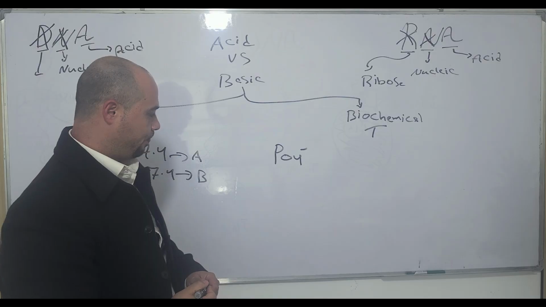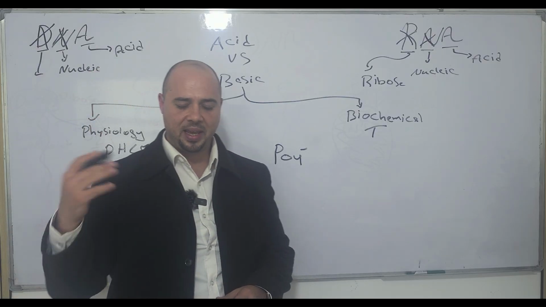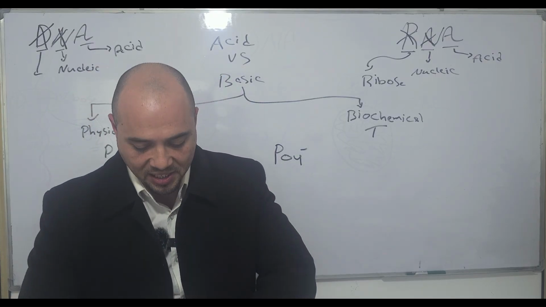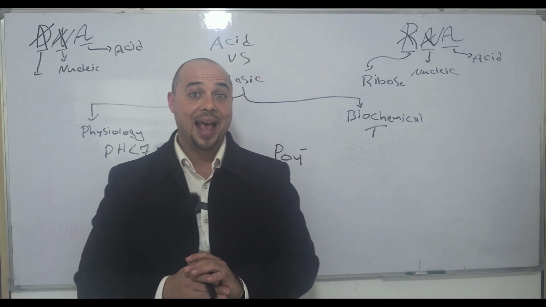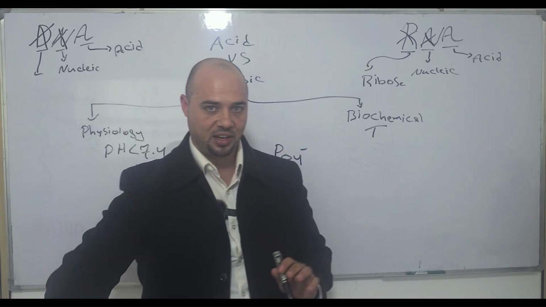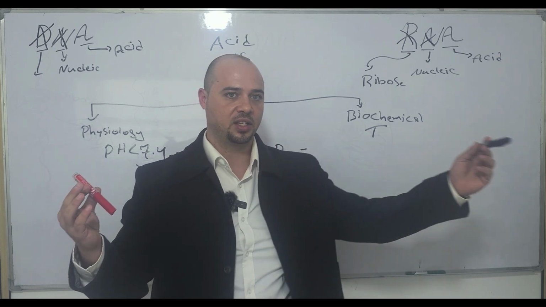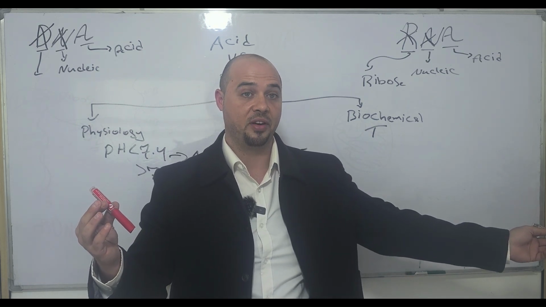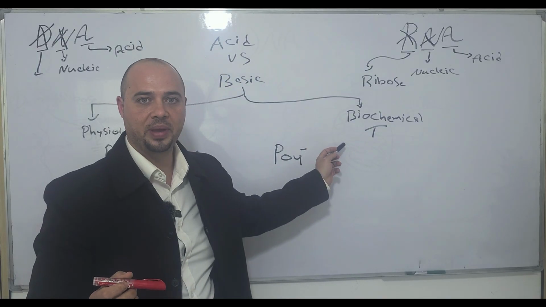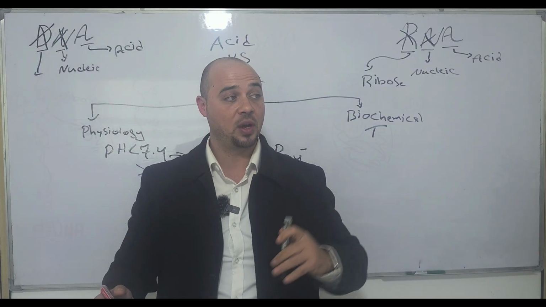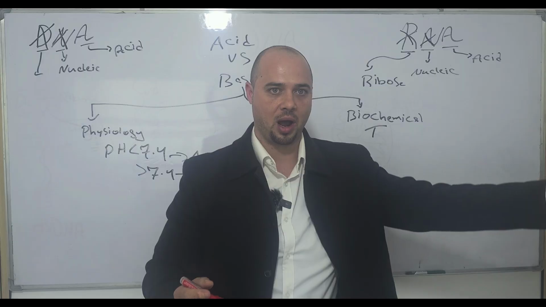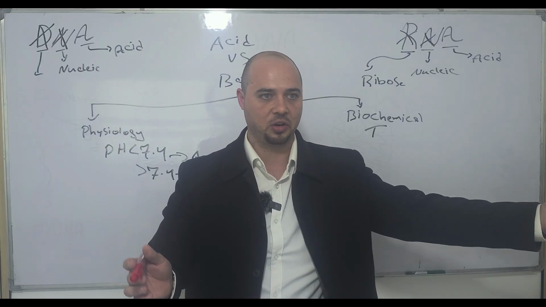Why? It's something like pKa, don't worry about it. Basically, the phosphate has the ability to donate its positive charge, and therefore, under normal physiological pH conditions, it gives away a proton, right? A proton is a positive charge.